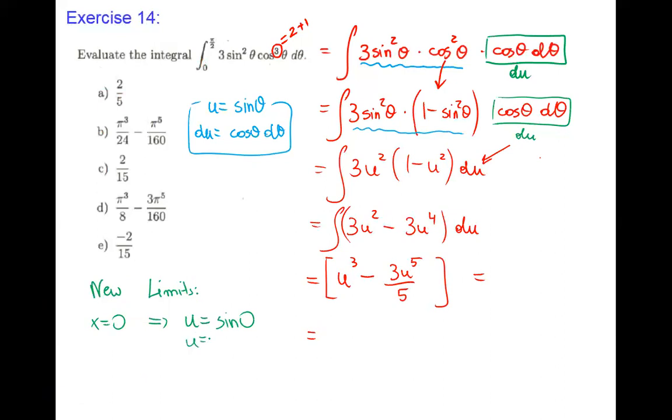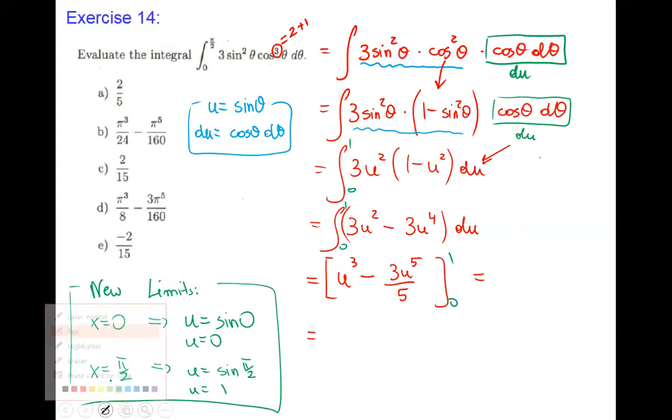Sine of 0 is 0. Okay, the lower limit is 0. We like 0. And now, if x is pi over 2, then u is sine of pi over 2. Again, one really nice limit of integration. Okay, we have new limits of integration.